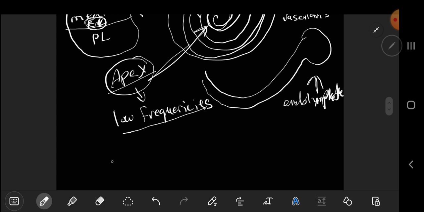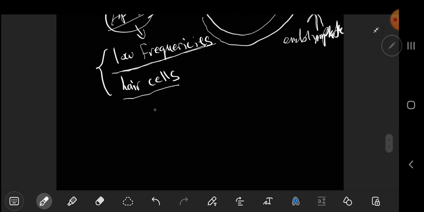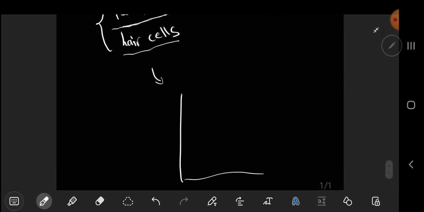Now, what is damaged are the hair cells. Because of this combination of damage to the hair cells and low frequency damage, what we see in Meniere disease is an audiogram that looks like this. It can be like this, for example. And this is air and bone conduction.